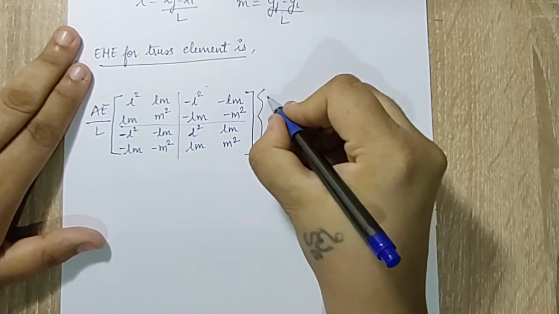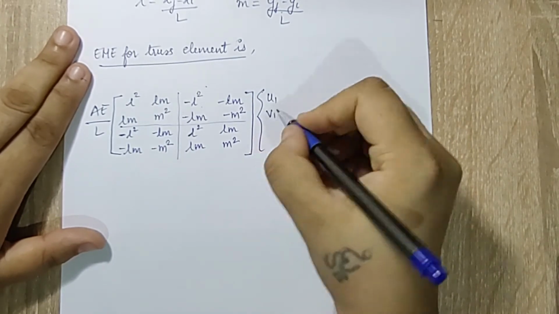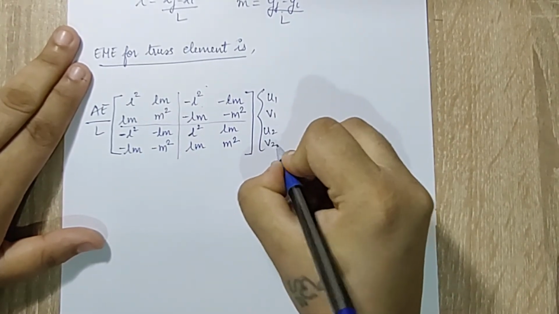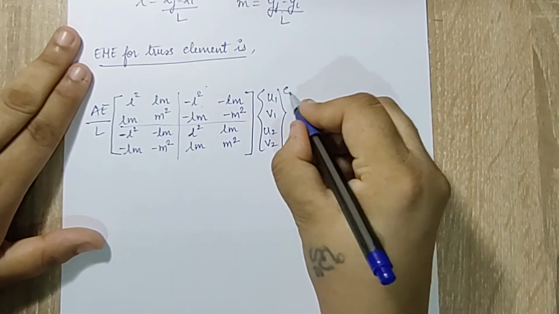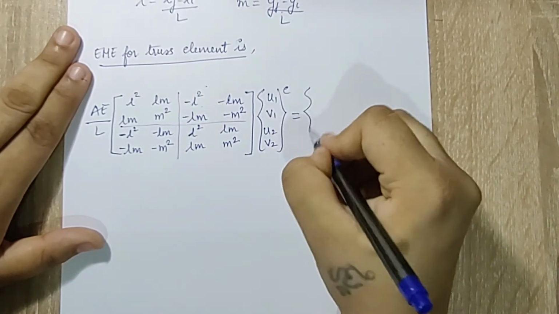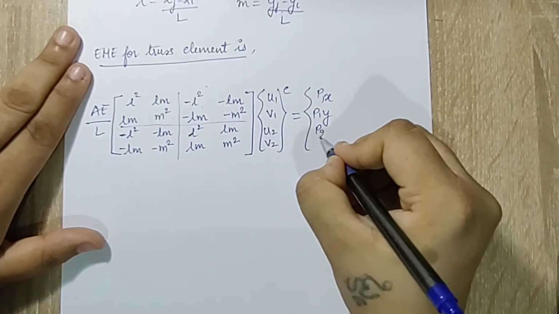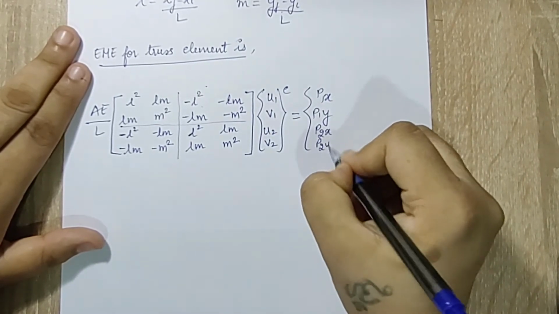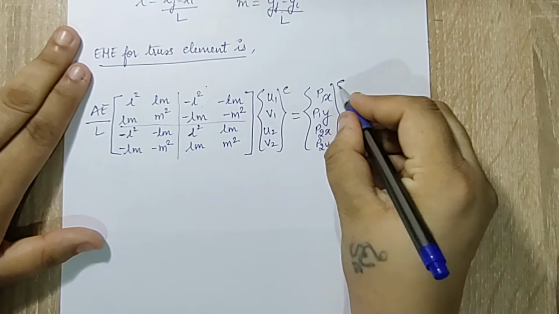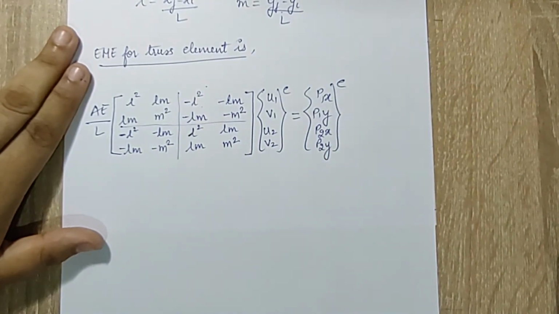Here next I'll have U1, V1, U2, V2 raised to E is equal to P1x, P1y, P2x, P2y raised to E. So this is the entire EME.